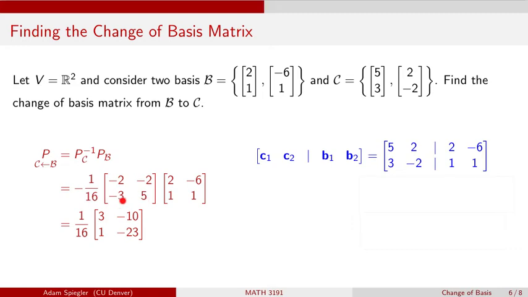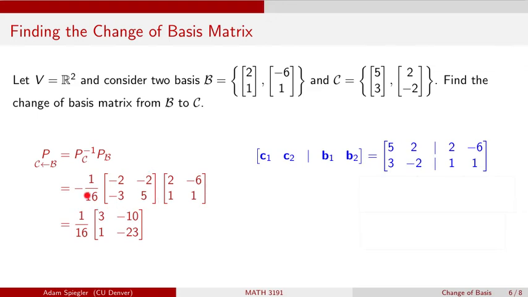And so one way that we can multiply by the inverse would be, let's apply row operations for the first piece of this matrix that consists of the column vectors from basis C. Let's do row operations on this matrix so we get the identity matrix over here. And that's going to be consistent with applying elementary row operations, which are going to add up when I apply this whole sequence of elementary row operations.